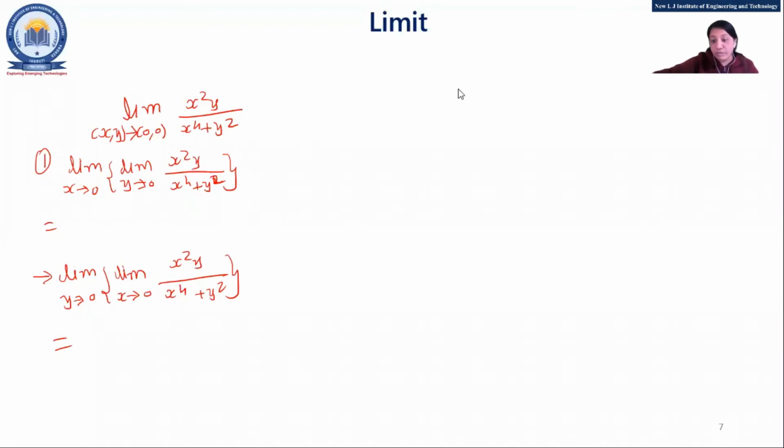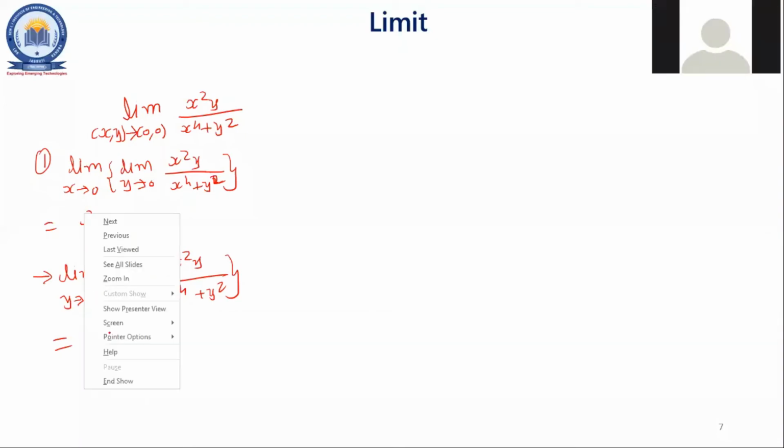See, you have to unmute yourself. If you don't know the answer, you still have to reply, right? Roll number 7. Yes, ma'am. The answer of the first case? First case 0. Okay, fine. Second? 0. Okay.